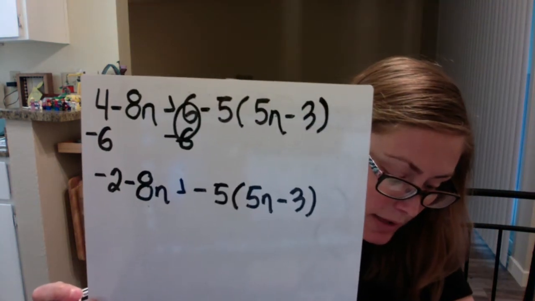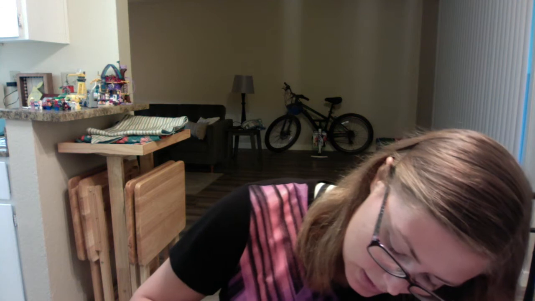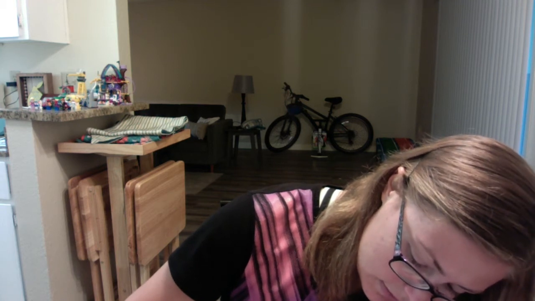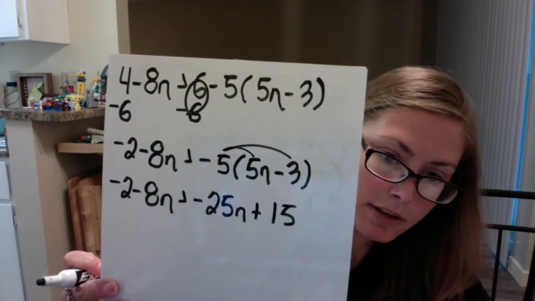Next, we're going to distribute the negative 5. That gets us negative 2 minus 8n is greater than negative 25n plus 15. Then we're going to add 25n to both sides.